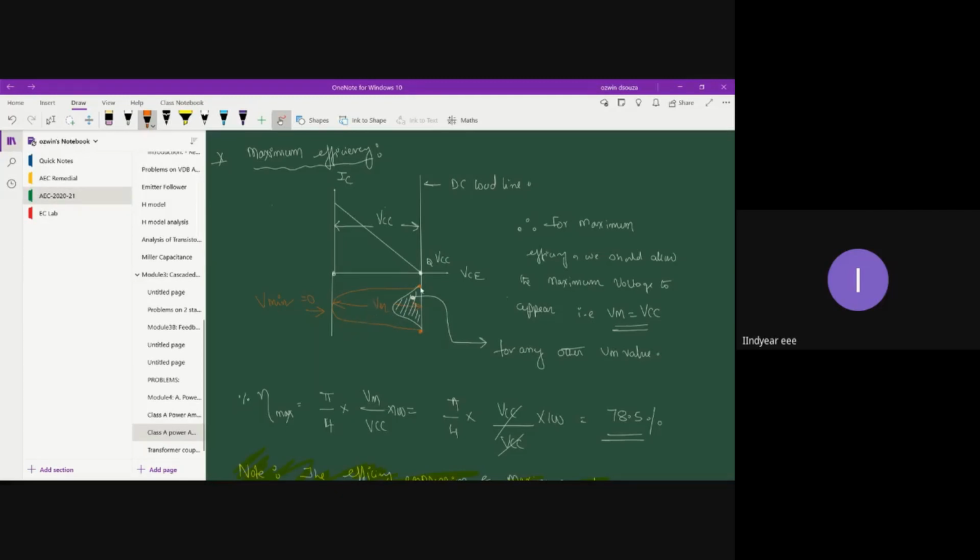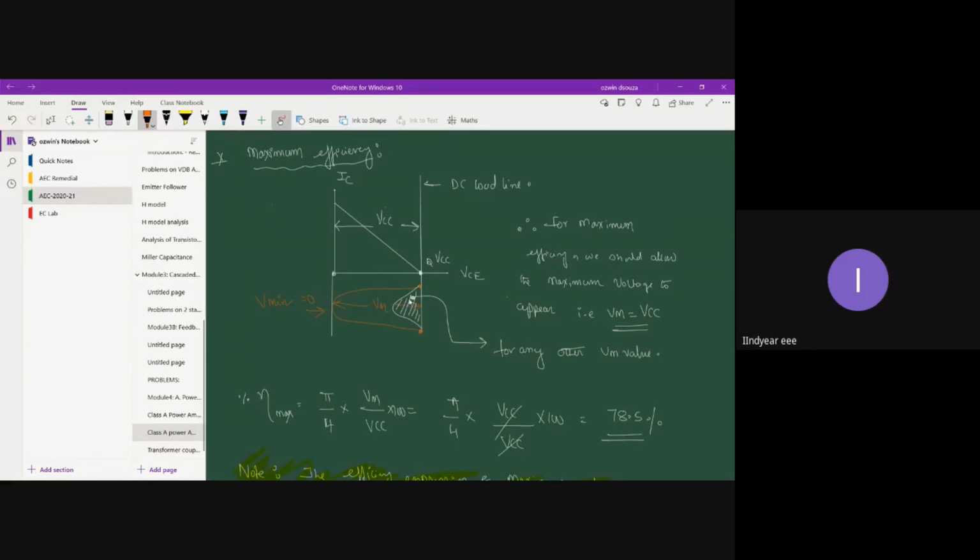But in maximum efficiency, what we are trying to do is allow the maximum output voltage to occur across the load terminals. All right. So the orange color waveform basically talks about the maximum output voltage that may be present across the load terminals.